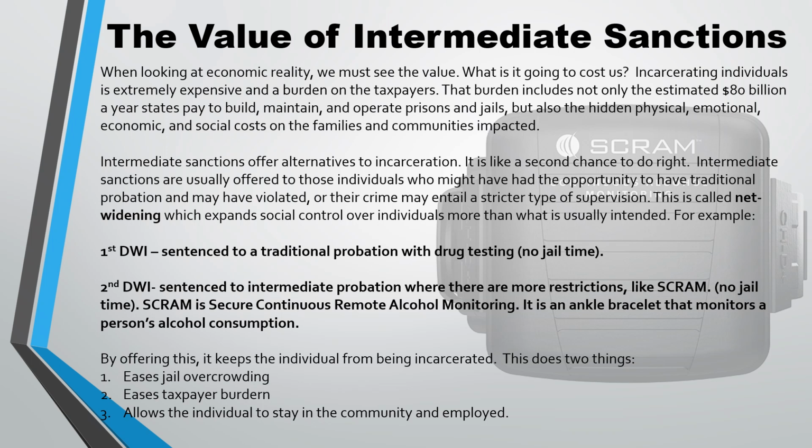They could also put you on a driving device where your vehicle is locked unless you blow into it to allow the ignition to start. Usually with DWIs, it is a three strikes you're out law, which means if you get a third DWI, you probably are going to go to state jail. That is not always the case, but in most cases, that is how it is.